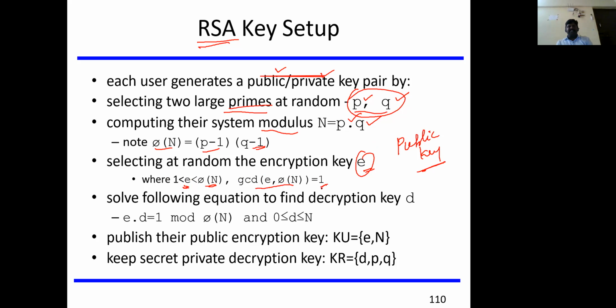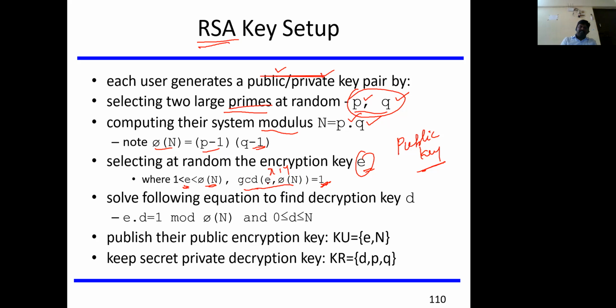What is meant by GCD, the greatest common divisor? For the two numbers we are selecting, E and phi of n, no other common factor other than 1 should be there between them.